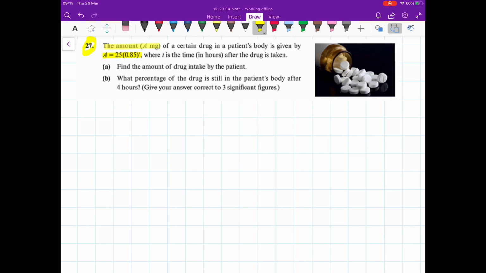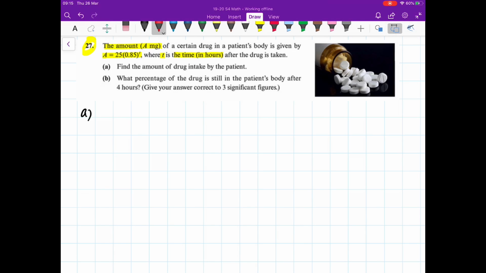A is the amount of drug, and t is the time in hours after the drug is taken. We don't need to know all the words, we just have to identify the function, what A is, and what t is, then we can do the question.